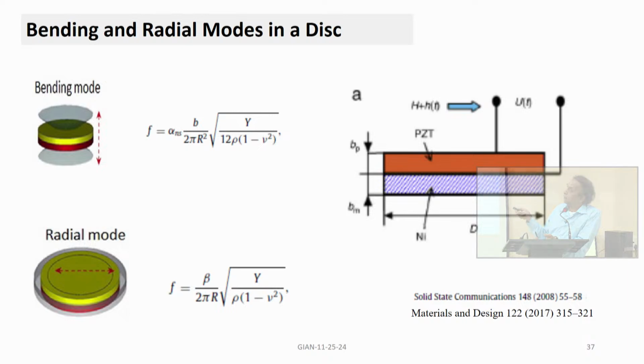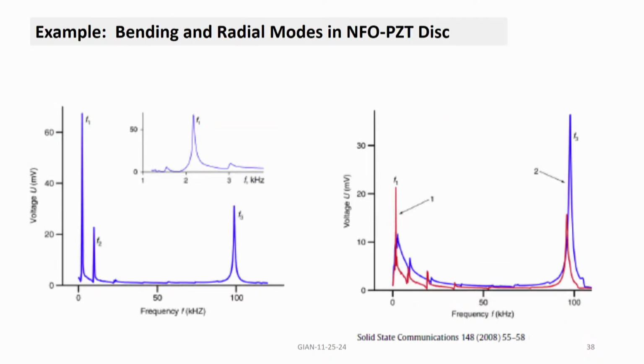Okay, this is some theory, I'll just ignore it. So these are bending and radial modes in a disk of nickel ferrite and PZT, and see the frequency maximum, the maximum at the lowest one is the bending mode, and that value is quite high, followed by the second peak, which is the second harmonic of the bending mode, and the one peak at 100 kilohertz, that is the longitudinal acoustic mode.